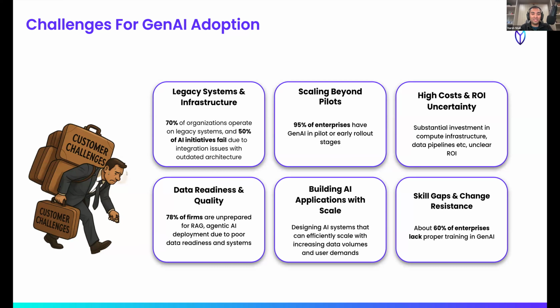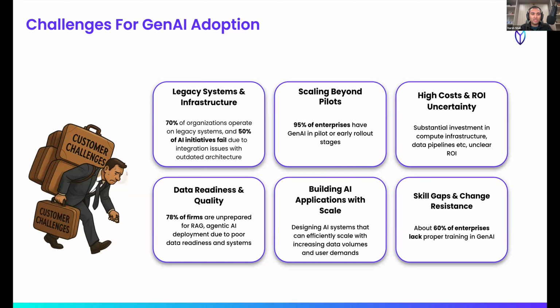Only 5% actually went into production and moved forward. They're having issues with data quality, data readiness, and legacy infrastructure and systems that are not really meant to serve those AI use cases. And building AI applications at scale is really hard because of the volume of the data that you're dealing with. I'll show how hard that really is in a couple of slides.